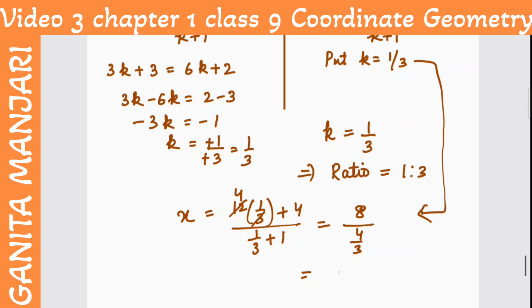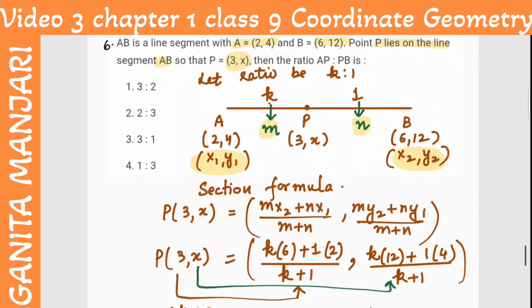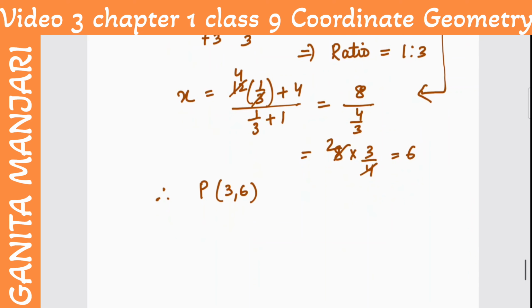When you write 8 into 3 by 4, it is equal to 6. Therefore, point P will be 3, 6. So it can be like this also. They can ask you to find the value of x also. So this is how we can find the value of x.